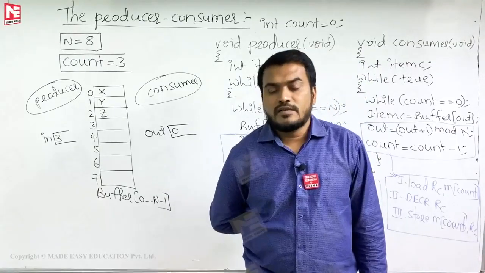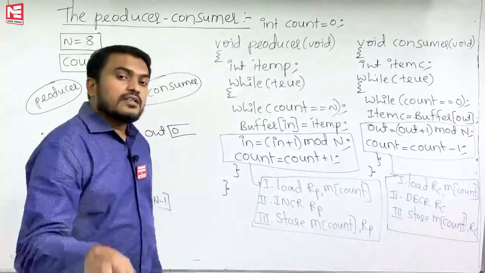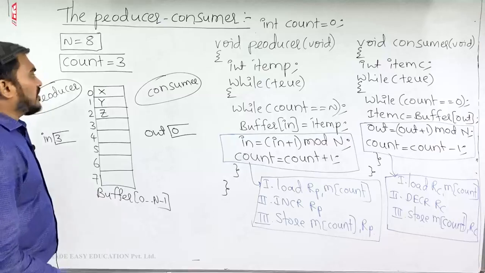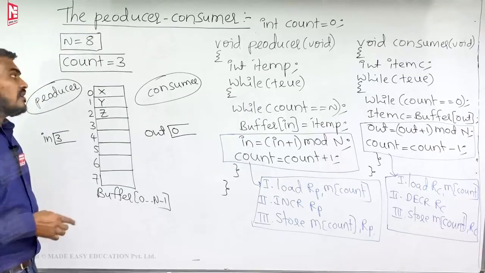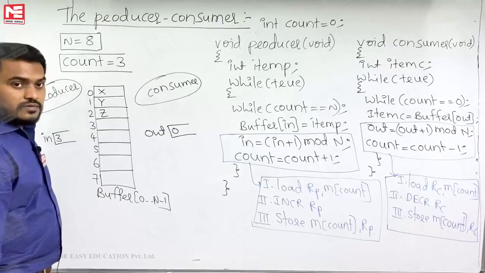So, how many items are present in the buffer at any point of time? That is identified by the count variable. Is that clear? So that is the purpose of the count variable.